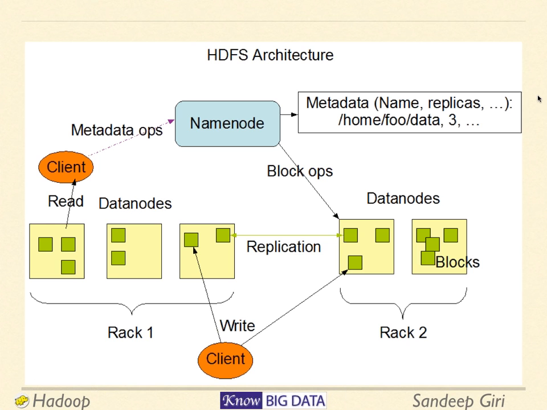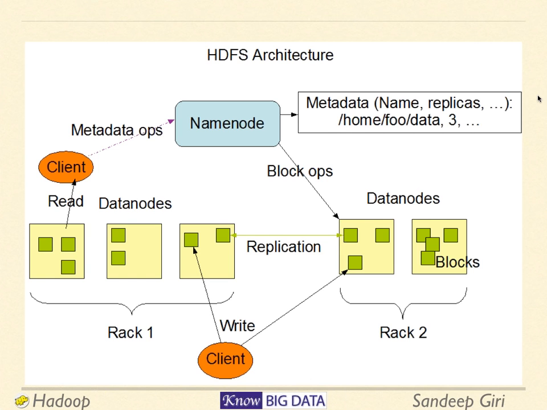These blocks are not equivalent to the file system blocks, because file system blocks are smaller, in KBs, not in MBs. These blocks are with respect to your HDFS, and HDFS decides how big they are.